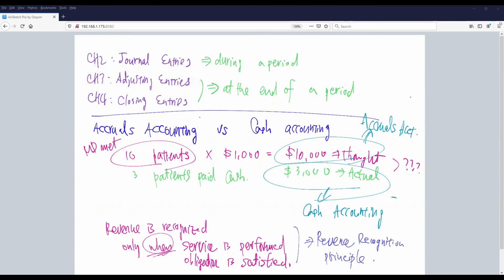As you can guess, cash accounting is you make a record whenever there is a cash transaction. But with accruals accounting, the philosophy behind it is, even though there are no cash transactions, you sometimes may have to prepare entries, and they are called adjusting entries.